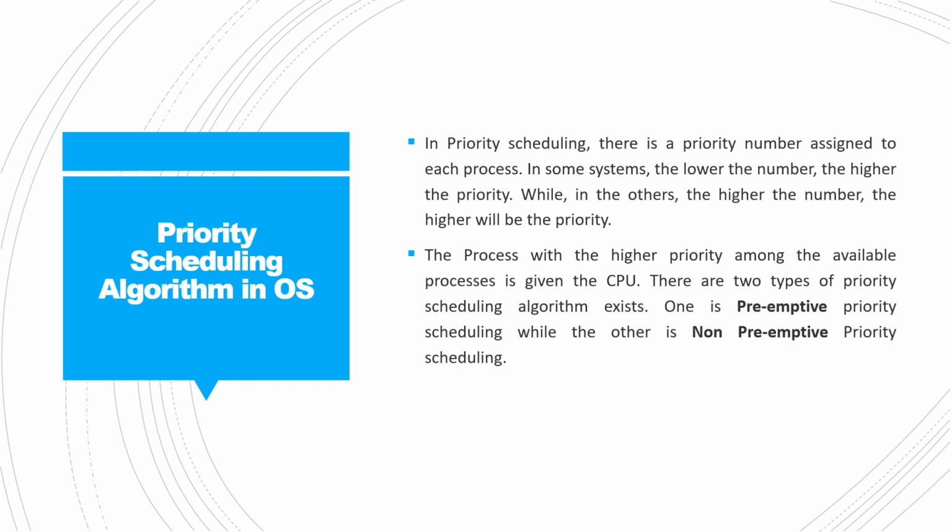In some systems, the lower the number, the higher the priority, while in others the higher the number, the higher the priority. The process with the highest priority among the available processes is given the CPU. There are also two types of priority scheduling: preemptive priority scheduling and non-preemptive priority scheduling.